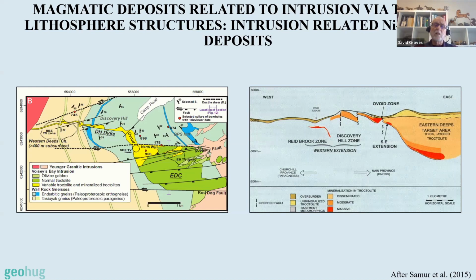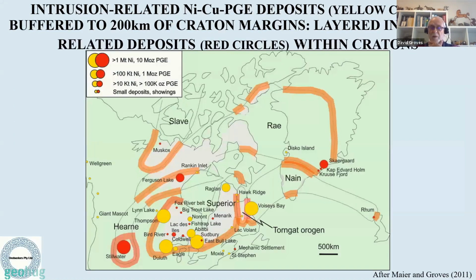But when we look, there were two independent studies really here, one by Wolfgang Maier and myself, and one by Graham Begg and his co-authors, both showing that these deposits occur within 100 kilometres of a craton margin. You see the big yellow dots there, Duluth, Sudbury, Voisey's Bay.